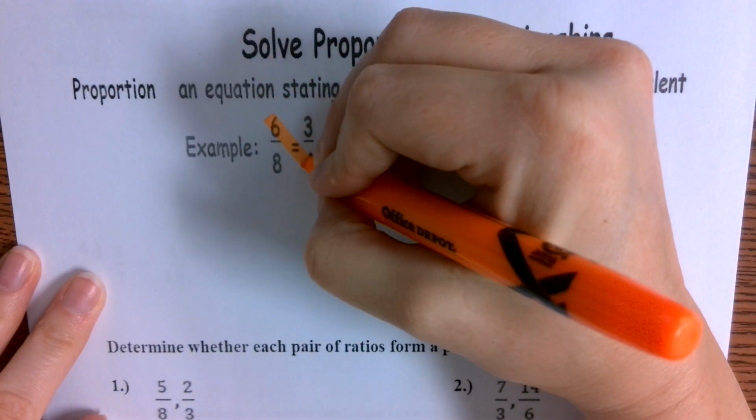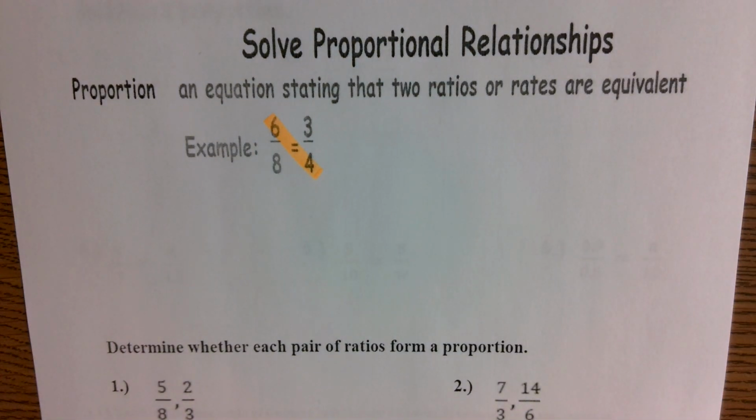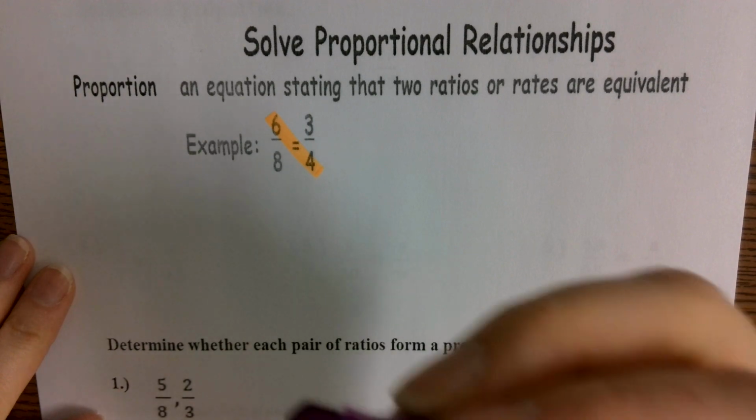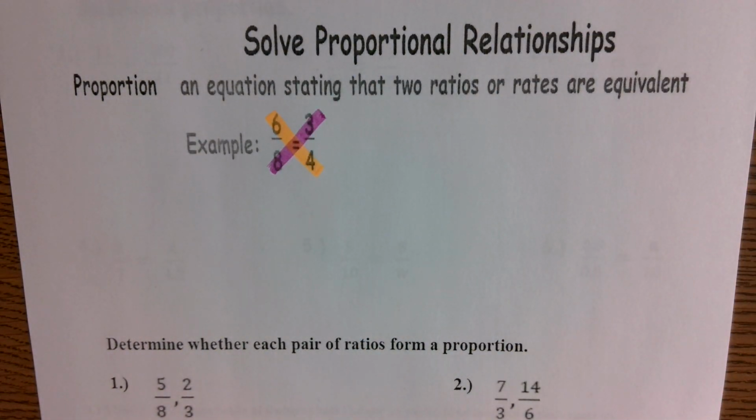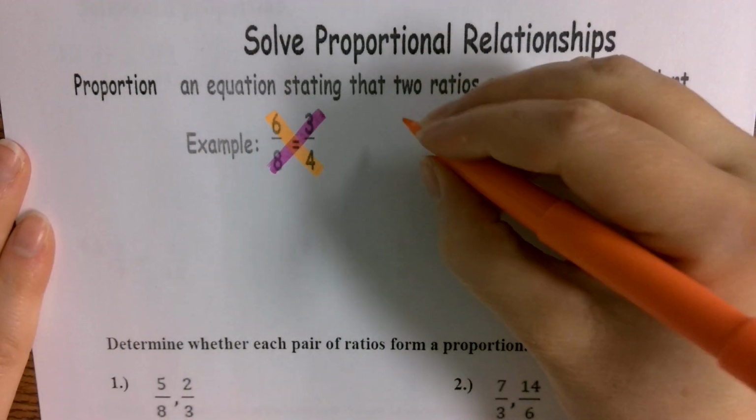So that means I can multiply my diagonals together. So I would do 6 times 4, and I would do 8 times the 3. Notice that when I'm setting up that diagonal multiplication, it kind of looks like a multiplication symbol, doesn't it? Yes. Right? So that should make sense.